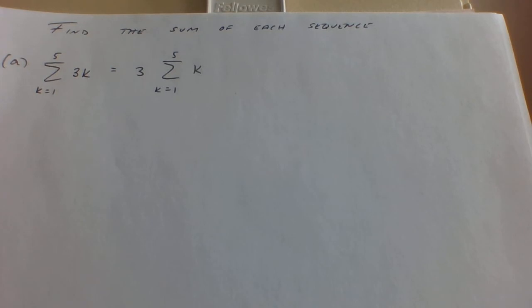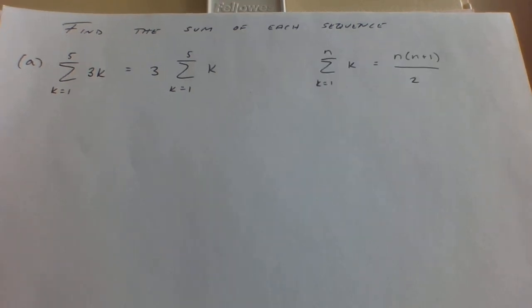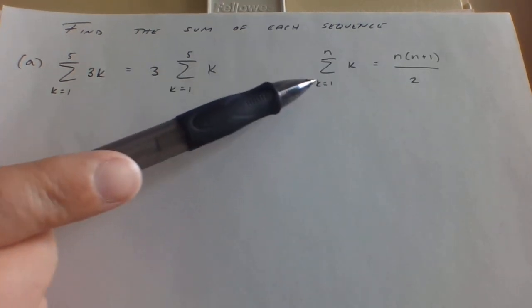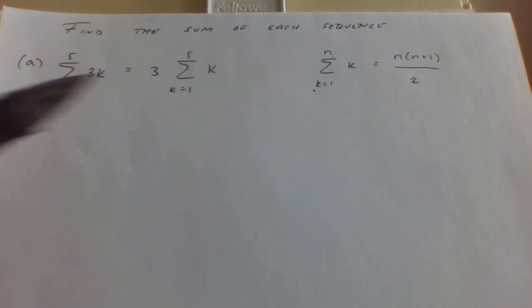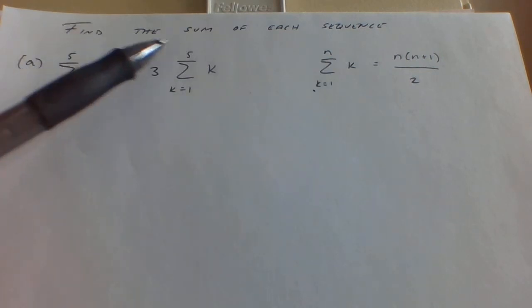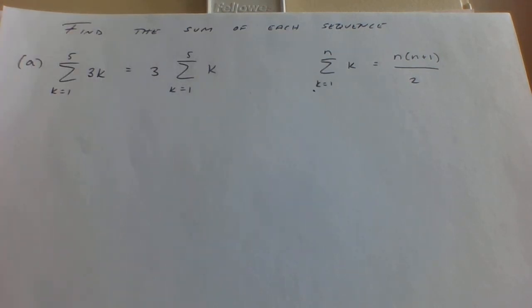And now we can go back and take a look at some of those other formulas we had, because we already have summation formulas that we can use so that we can rewrite this one. So I'm going to be using this formula that we talked about in order to calculate my sums. I'm going to need my n value, which in our case is going to be a 5.